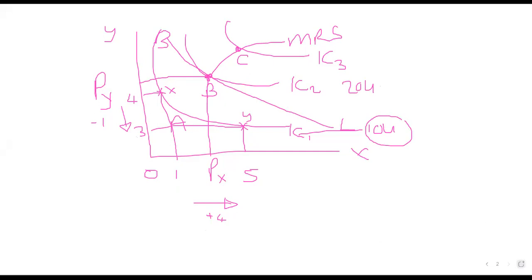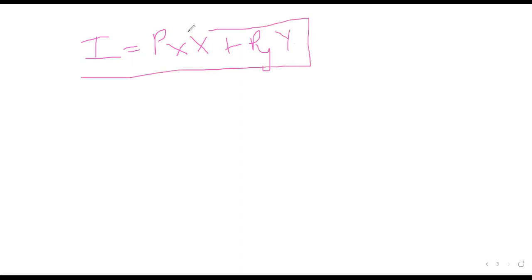Now, we have 10 formulas to know. So we have what we call the budget line. Our income is equal to price of X times X plus price of Y times Y, where I is the budget or the income, PX is the price of X. So in the event that you have 100 kwacha to spend on 2 goods, good X maybe is 10 kwacha, good Y is 20 kwacha.